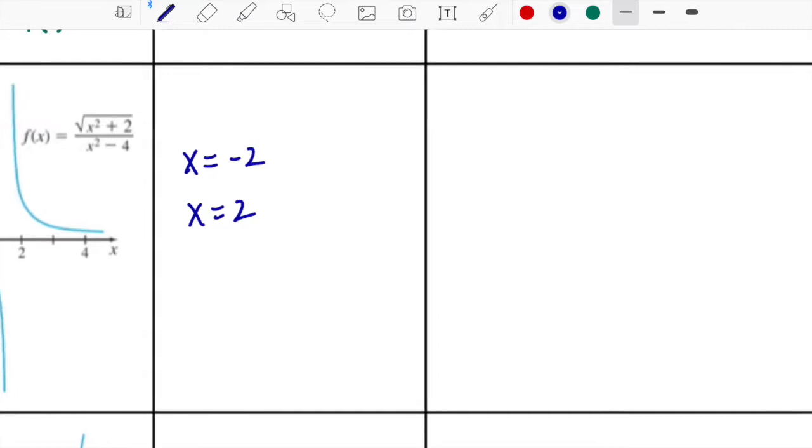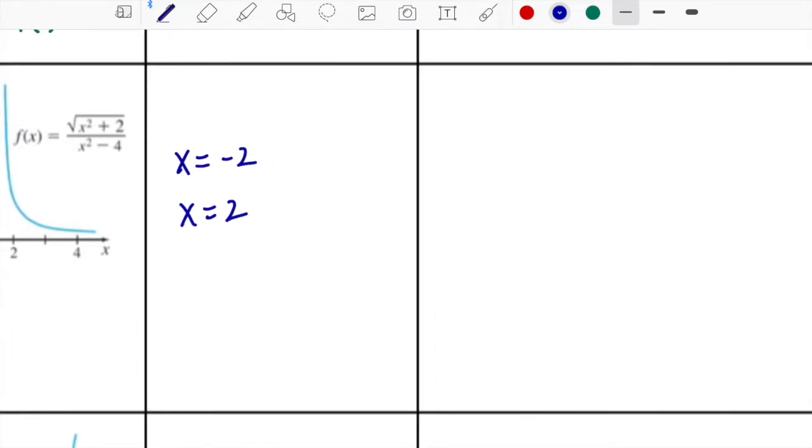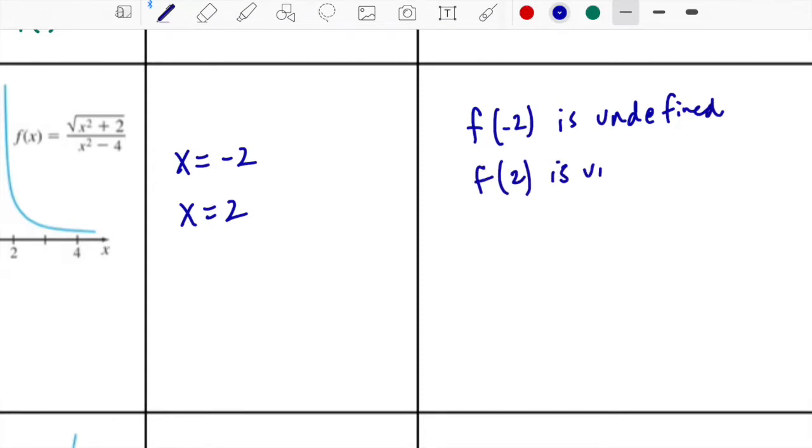Now, which of the three conditions was not met? Well, f of negative 2 is undefined, and f of 2 is undefined also. So one of the conditions is not met, and in order for it to be continuous at a number c, all three conditions have to be met.